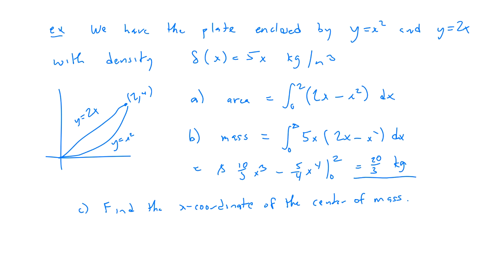And so here's the new part. This is what we're going to get. And the idea is we want to find the average value, in essence, of the x's given the weights.